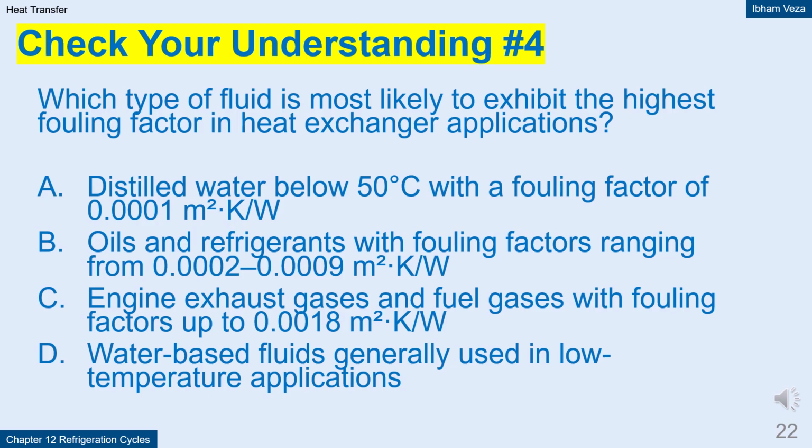This is incorrect because while these fluids exhibit moderate fouling resistance, their fouling factors are significantly lower than those of engine exhaust gases. D. Water-based fluids generally used in low-temperature applications. This is incorrect because water-based fluids, especially at low temperatures, typically have low fouling resistance compared to high fouling fluids like engine exhaust gases.